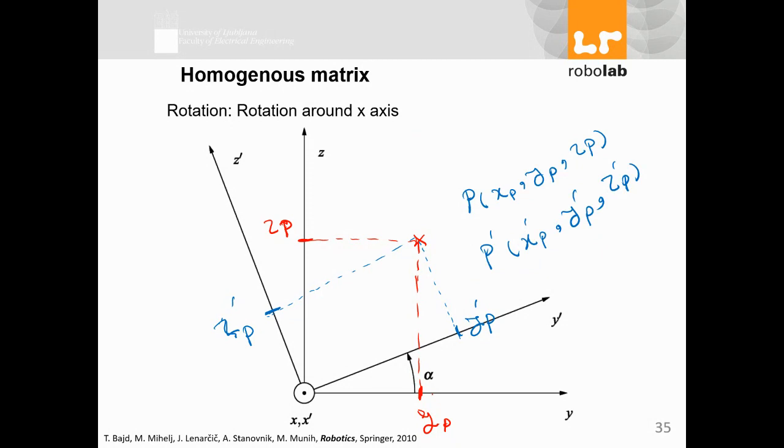Yeah, I had a missing p. But these two are the same. They are not changing because you are rotating around x. So we know that xp is equal to x prime p in this case. But we are looking for a relationship between these two guys and these two guys.